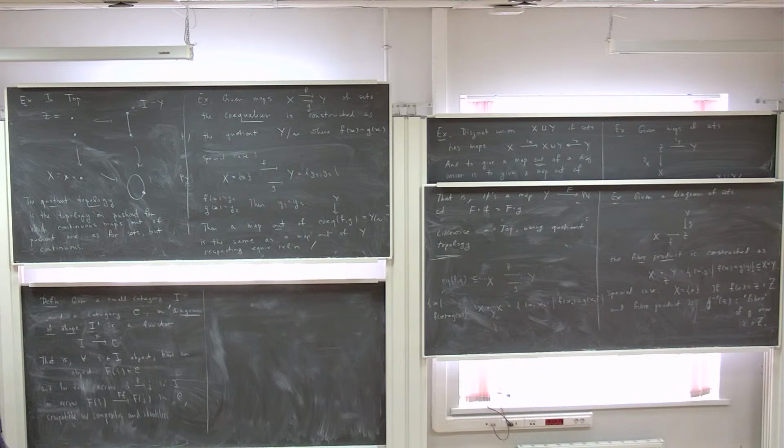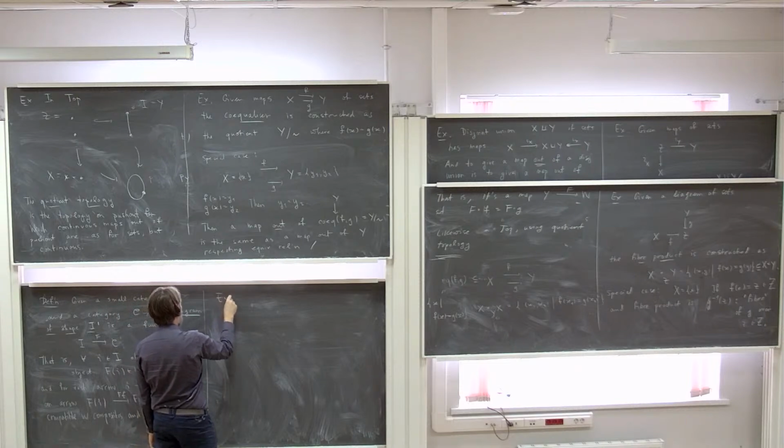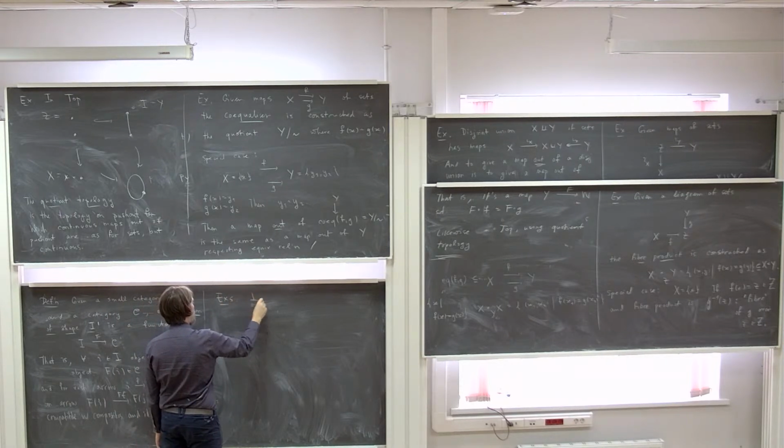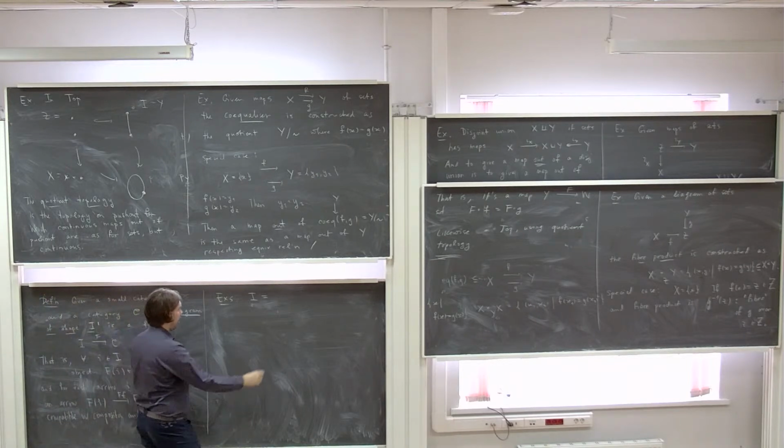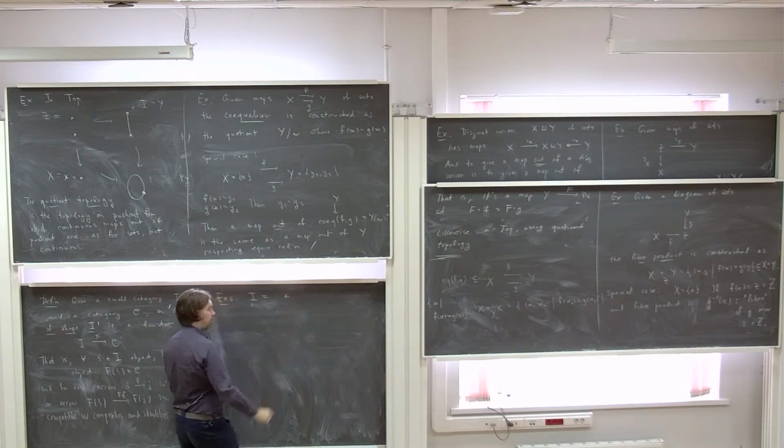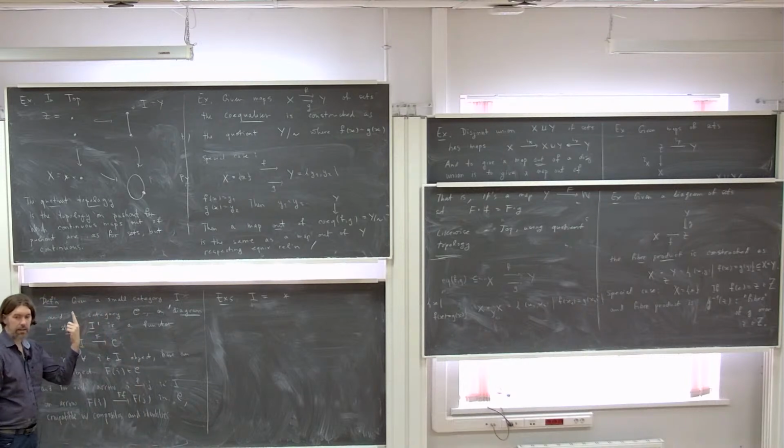So what are some typical small categories I for which we consider diagrams? I might be the category with a single object and a single identity morphism. And so to give a functor from that is just to give an object.